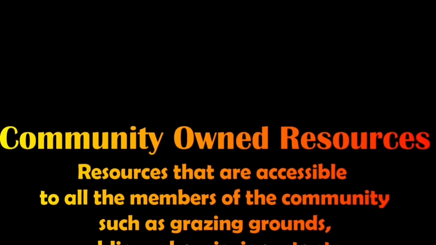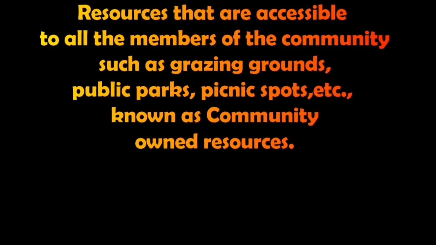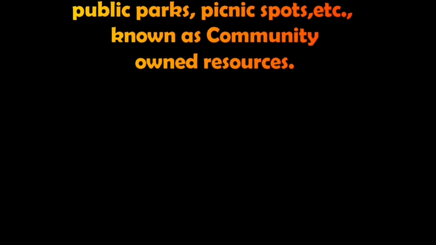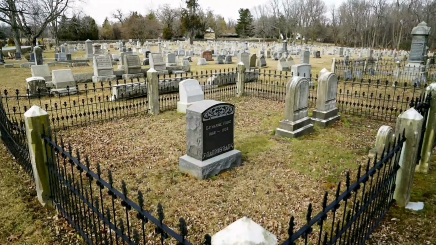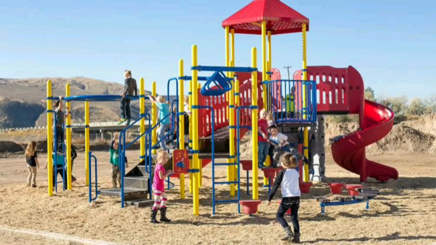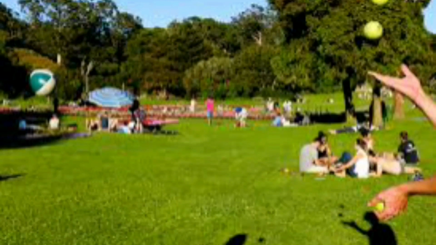Whereas the community owned resources are accessible to all the members of the community. Resources like public wells, grazing grounds, burial grounds, playgrounds, markets, public parks, etc., fall into this category of resources.